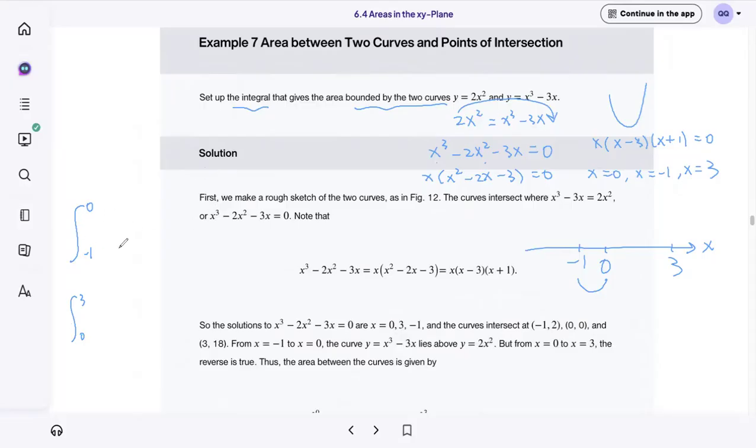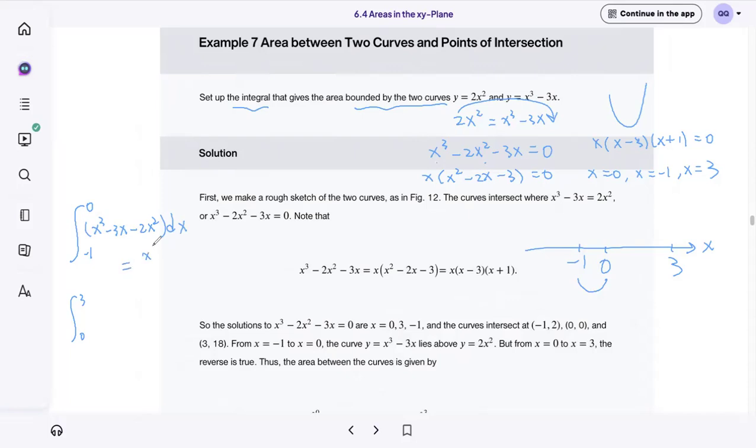If the integration in the end is negative, we're going to negate it. But for now, we don't care which one is on top and which one is on the bottom. So let's just say x cubed minus 3x on top, then minus 2x squared. So let's do this one first.